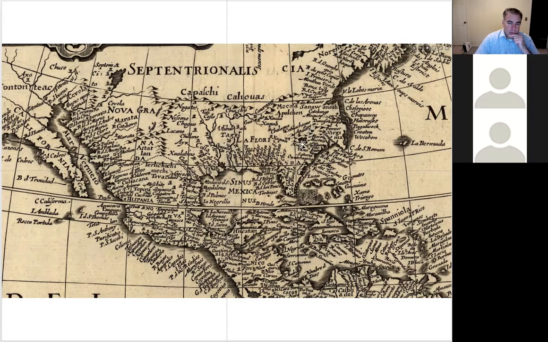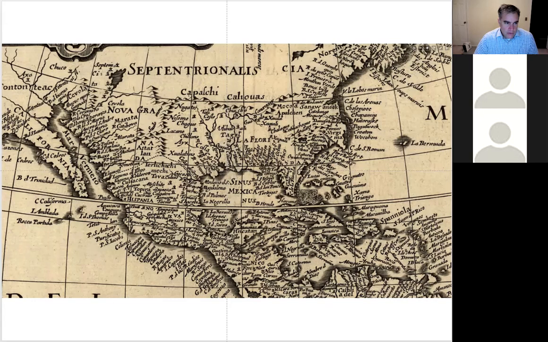So that's an important thing to recall. So anyway, but you can see the Spanish still were somewhat confused on locations of things. You can see there's really no idea of exactly how to access the Mississippi River. That would become a pretty well-guarded secret for quite a long time.